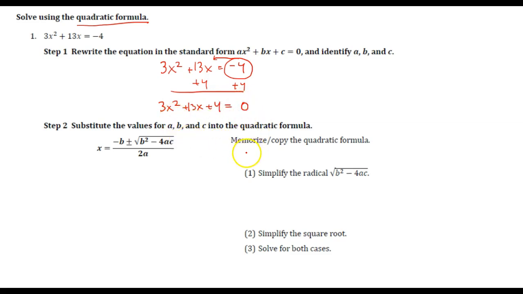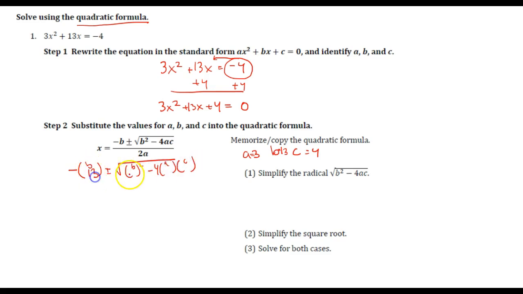So that would be 3x squared plus 13x plus 4 equals 0. We'll go ahead and identify our a, b, and c value, 3, 13, and 4. So I'll write this as negative b plus or minus the square root of b squared minus 4ac.